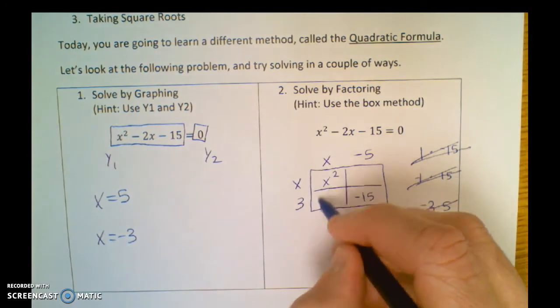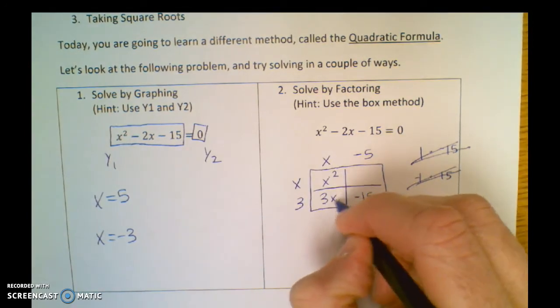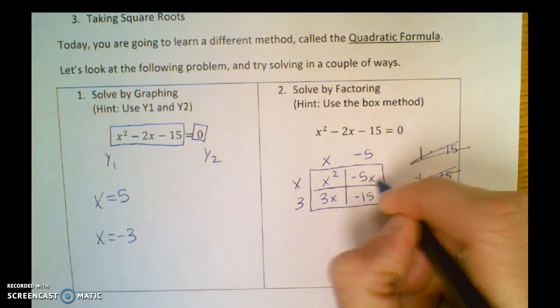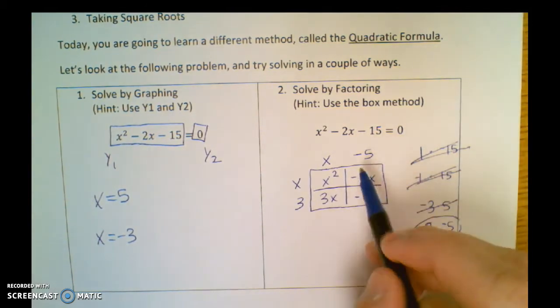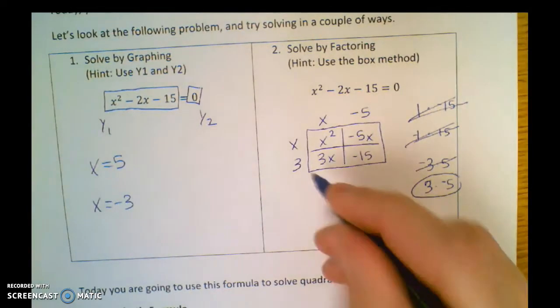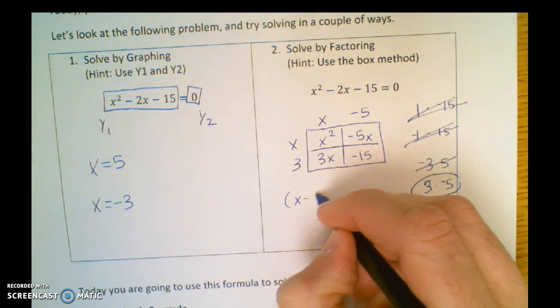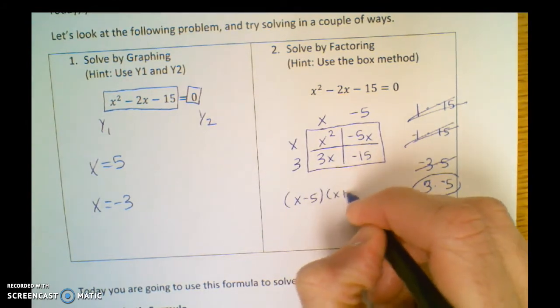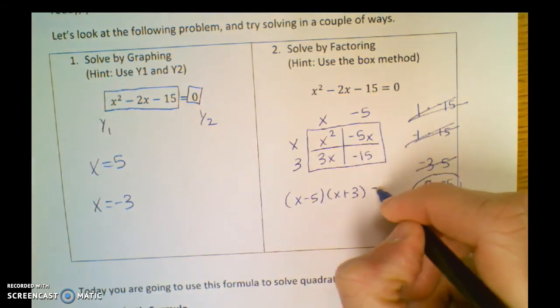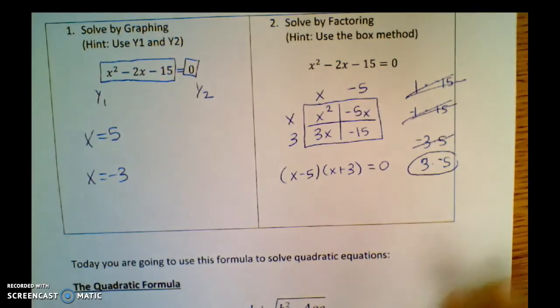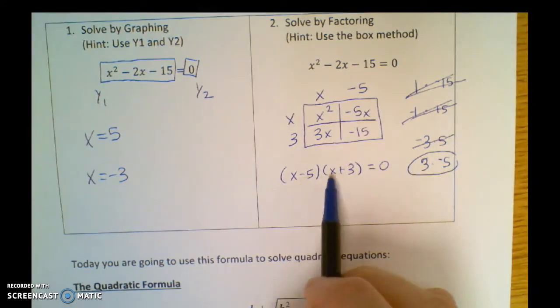So using my multiplication, 3 times x is 3x, negative 5x, and then here in the diagonal, that's where the negative 2x comes from. So your factors are x minus 5 and x plus 3. Remember, we want to know the values that make each of these equal to 0.